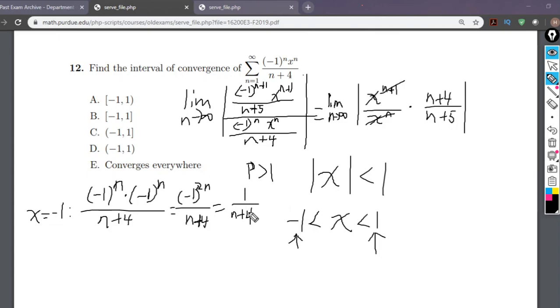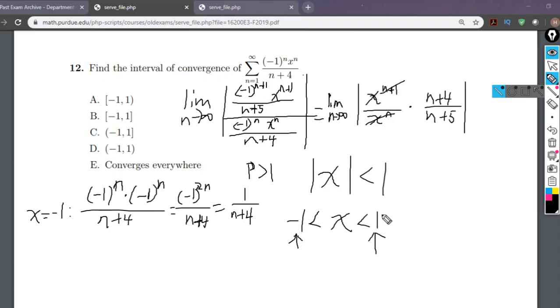So you can compare this to 1 over n, which is divergent, and this is always a little bit smaller. Yeah, but it doesn't matter, as the power here matters, as this is a p of 1, so it will diverge. And so we cannot include -1 in the interval.